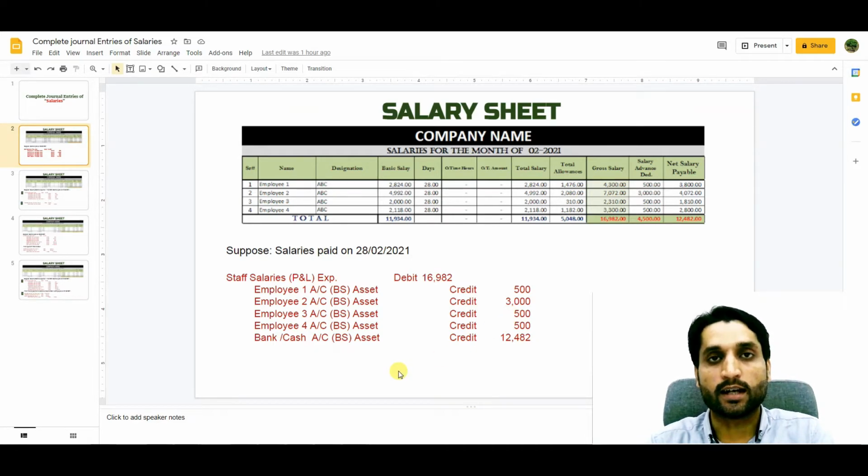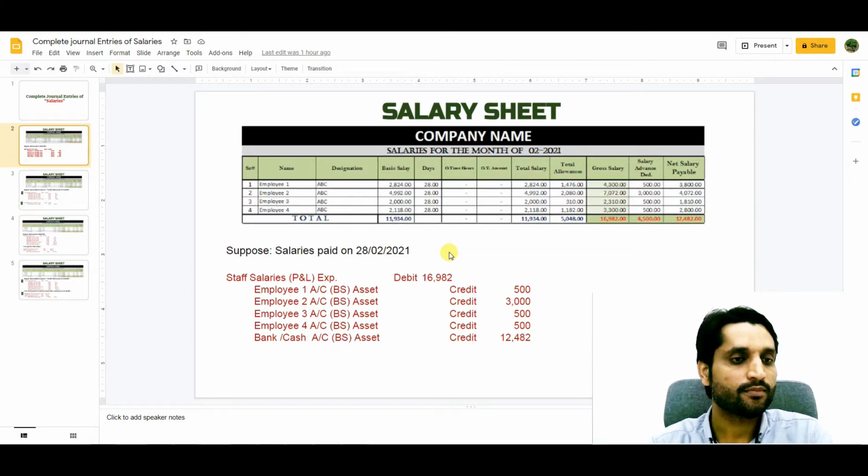Now the company is paying the salary by bank transfer or cash or check, so that account will be credit, which is current asset, with the net salary which is paid to the employees, which is 12,482.